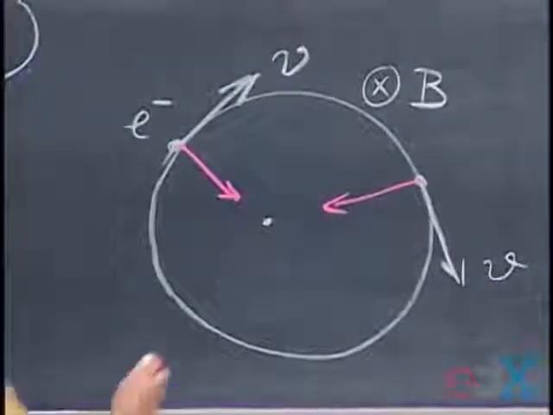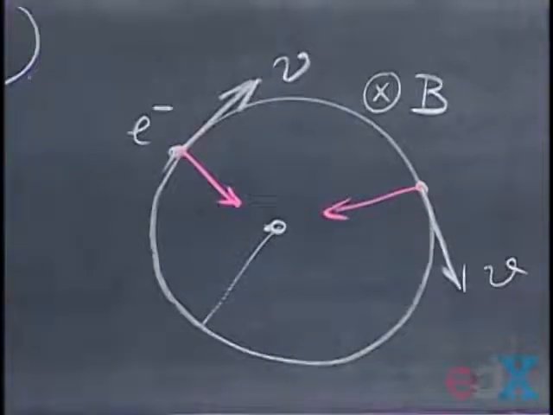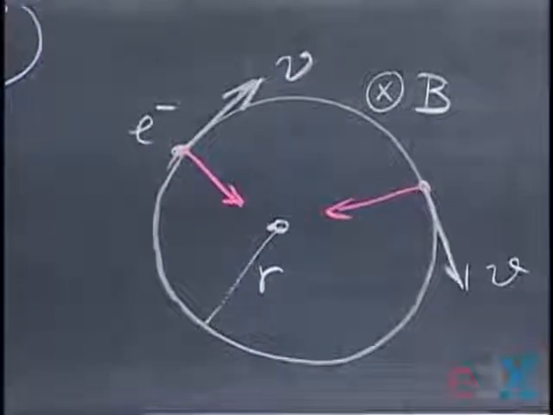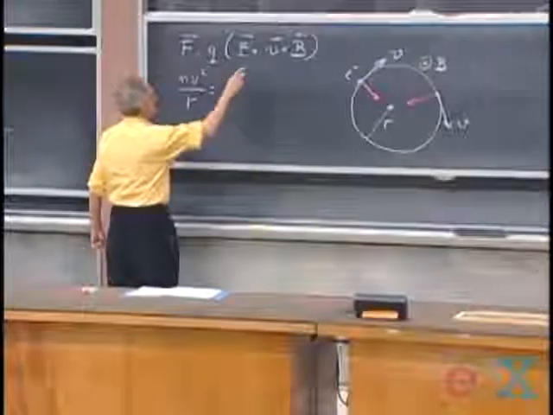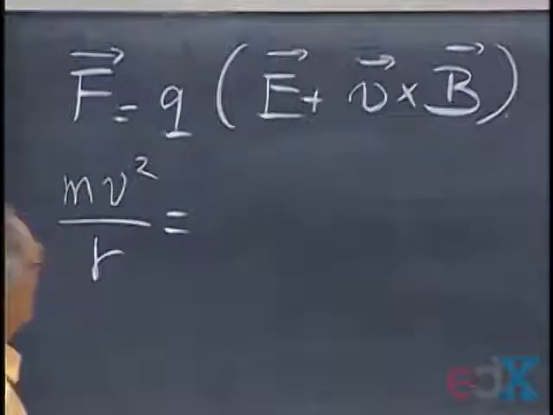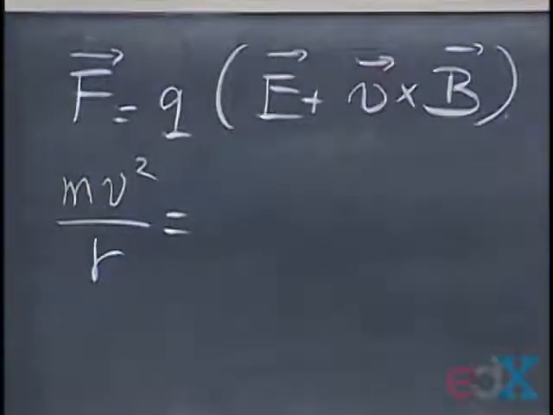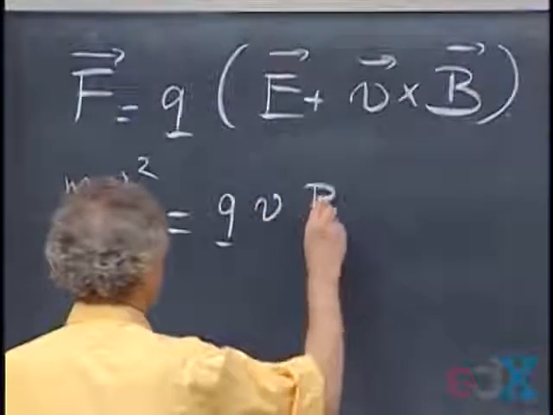All right? So, let this radius be little r. Combining the two equations, we now have that mv squared over r, m being the mass of the electron, is that force. And since v is perpendicular to B, the sine of the angle between them is 1, and so I simply get here qvB.